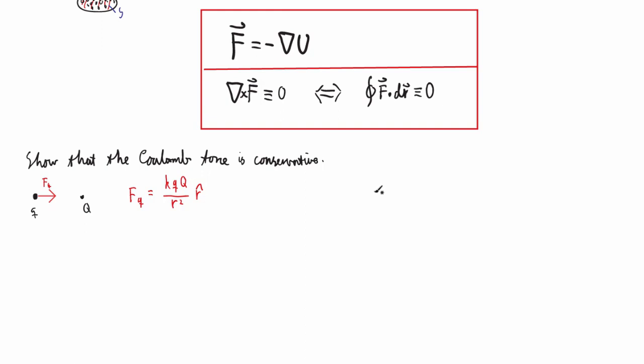Now this is exactly analogous to the force of gravity, which we've already shown using the integral formula is conservative, or at least satisfies this condition. We're now going to use this condition on this force here. But first I'm going to rewrite this as gamma times the vector r over r cubed. Gamma just contains k q Q, and the vector r over r cubed, I hope you can appreciate, is the same as r hat over r squared.